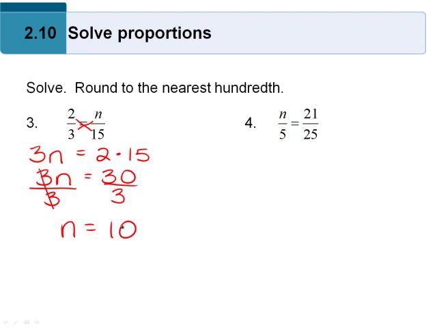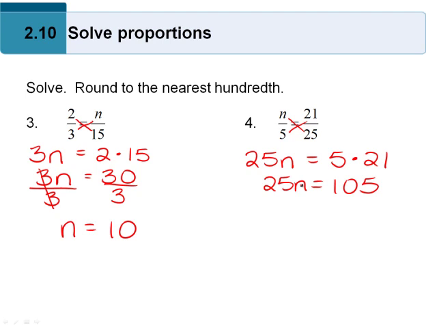All right, number 4 here, we're going to do the same thing, cross multiply. So 25n equals 5 times 21. And let's see, that would be 105 when you multiply there, equals 25n. Now divide by 25 on both sides.